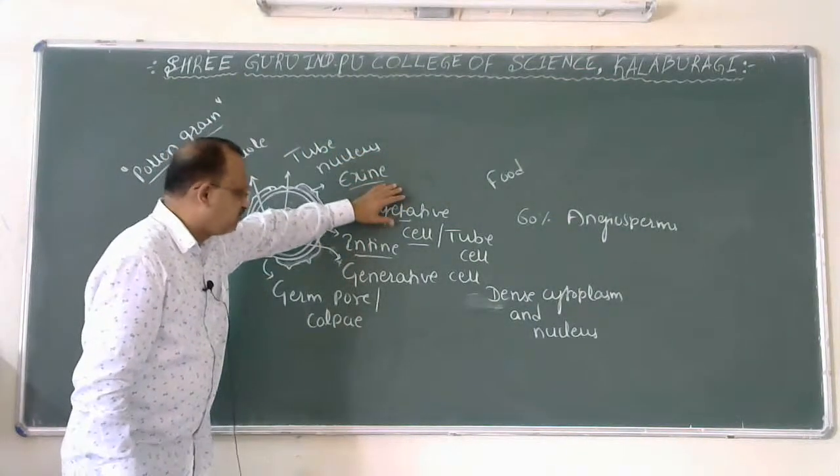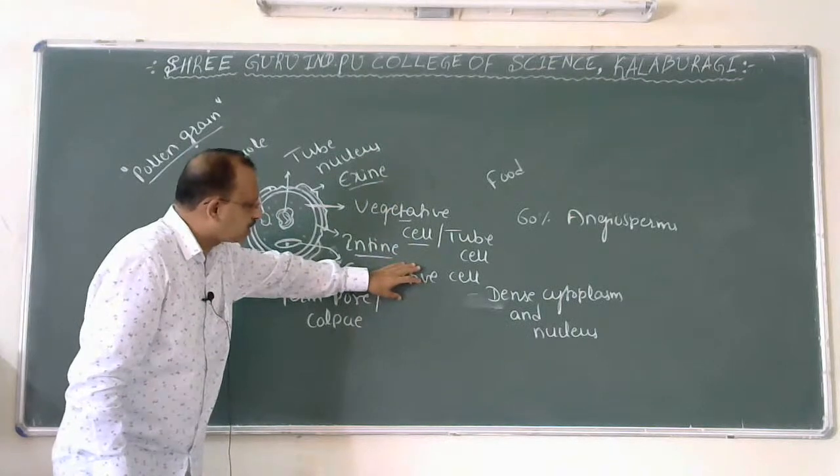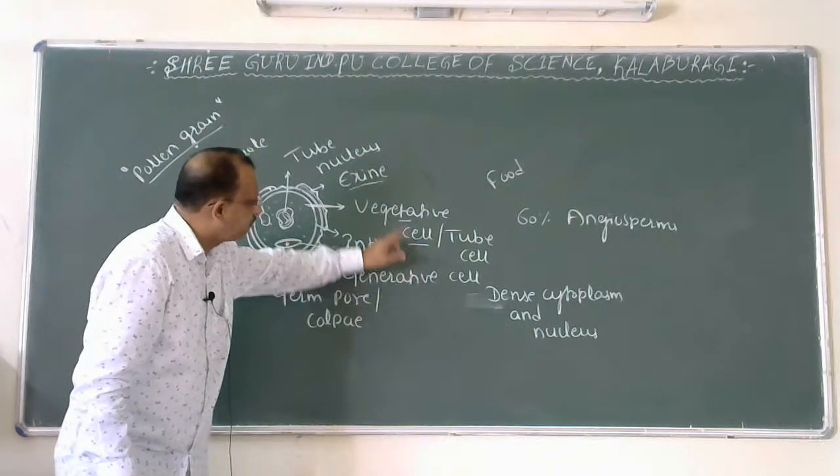The larger is the vegetative cell, the smaller is the generative cell.